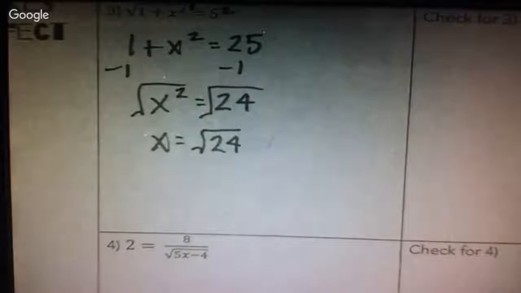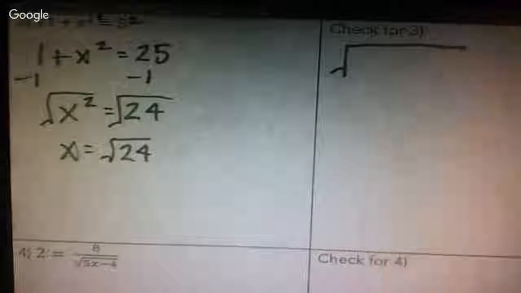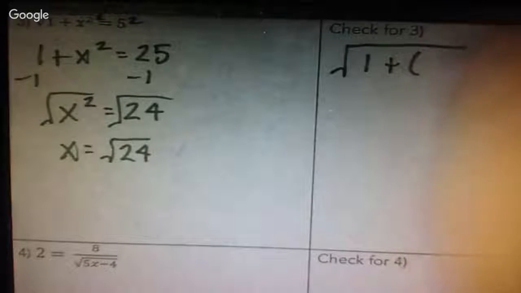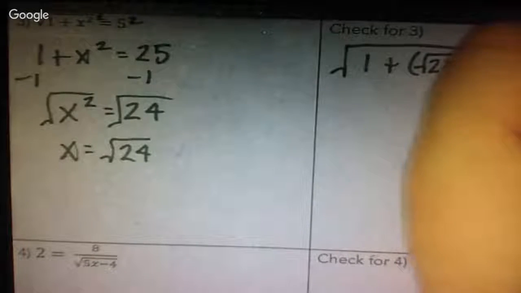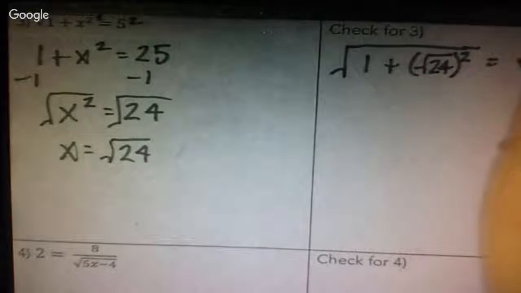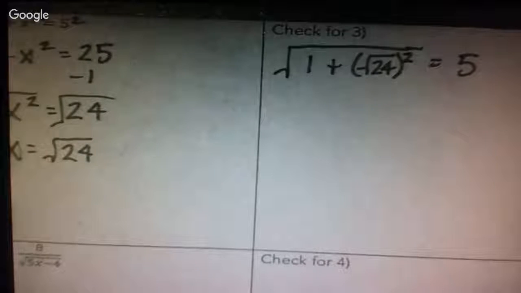Okay, so now we plug that back in. So the square root of 1 plus, I'm substituting the square root of 24 in for x. Don't forget that's squared in my original equation. And does that equal 5? Well, hold on.